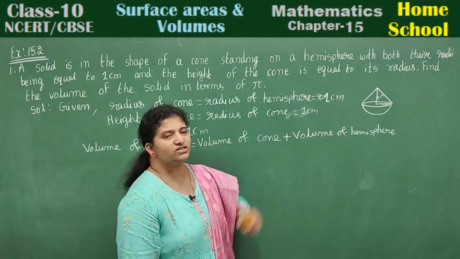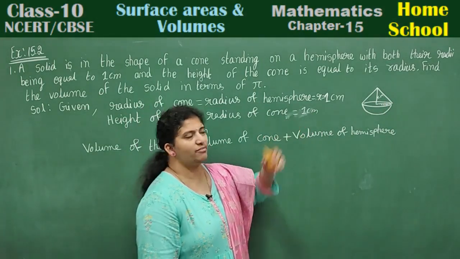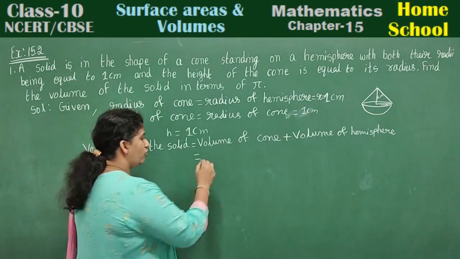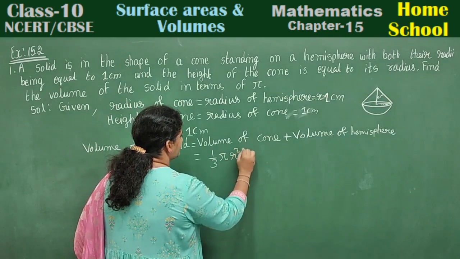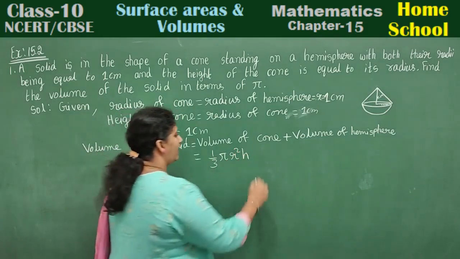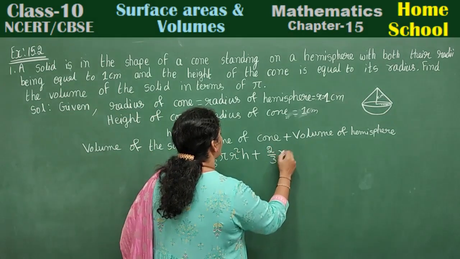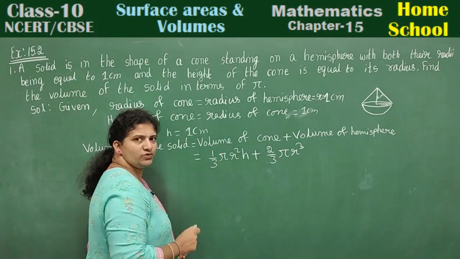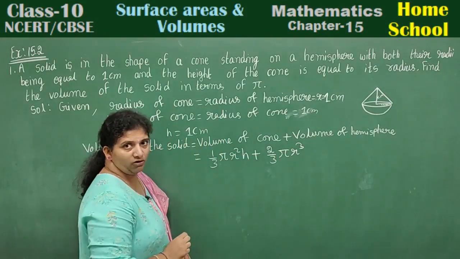Height and radius of a cone are equal, and radius of a cone is equal to hemispherical radius, that is 1 centimeter. Volume of a cone is 1/3 pi r square h plus hemisphere volume 2/3 pi r cube. Now check in these two, is there anything common? Yes, pi r square is common.